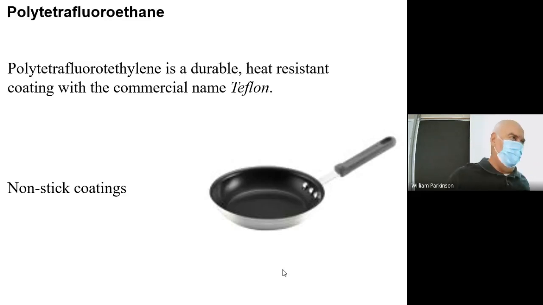Now, one of the problems, though, is if you put a metal utensil in your Teflon pan, the metal utensil can scratch the Teflon off. And we're all familiar with that. If you scratch your Teflon pan, you cut down to the metal in the Teflon pan. The worst part about that is, guess where that Teflon you scratched off went?